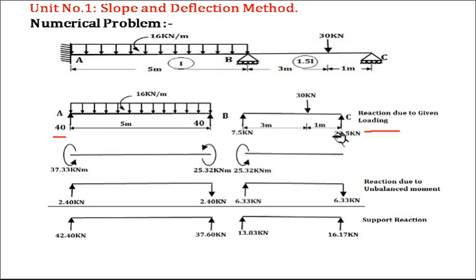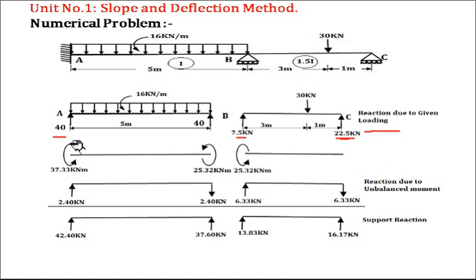Now for member BC, as it is subjected to a point load acting away from the center, the end reaction will be 30 into 1 divided by L, that is 4. The value is 7.5. Here the other end reaction is 22.5. So the formula is 30 into 3 divided by 4, we get this value 22.5.